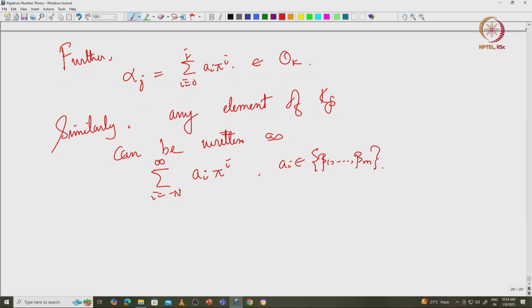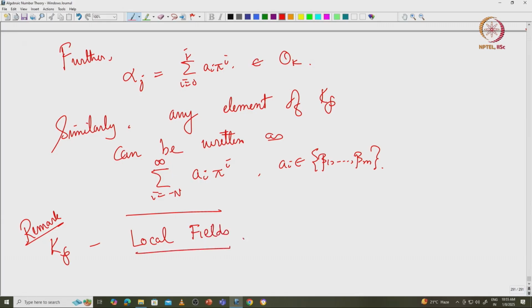All right. Okay. So, these K sub P's, here is a remark, these are what are called local fields. So, if you hear the term local fields, now you know what it means. Our real numbers and complex numbers are also local fields, but they are Archimedean local fields. These are non-Archimedean local fields.